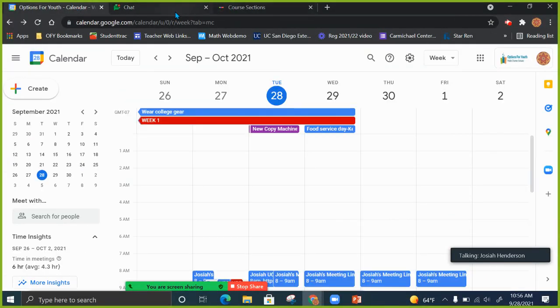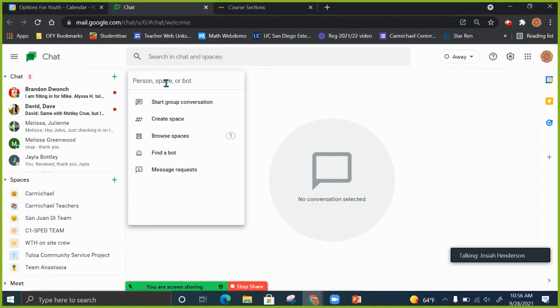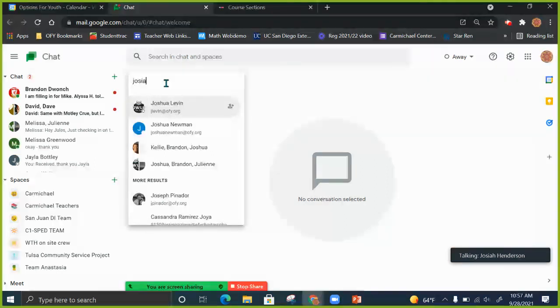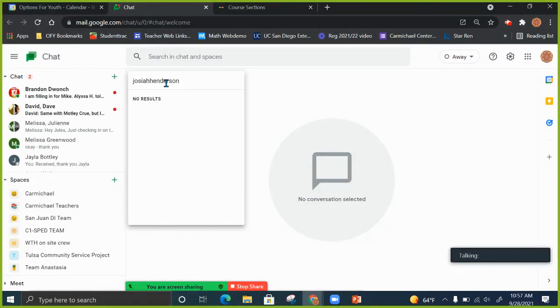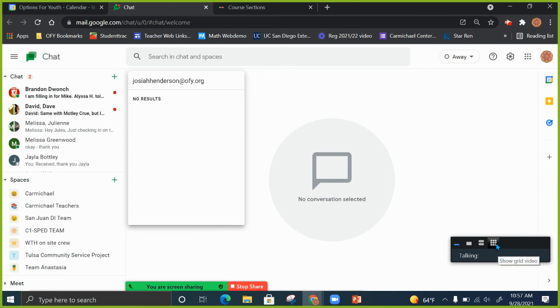Click the plus sign for a new chat and type in my email, Josiah Henderson at ofy.org. Then it'll open up a thread, and anytime you need to send homework, you can just put it in this Google Chat. Some people have been doing this. Remind's good. If it works, I'm good with Remind. But if you're having trouble with it, email it or do this instead. Okay, for sure. Thank you.